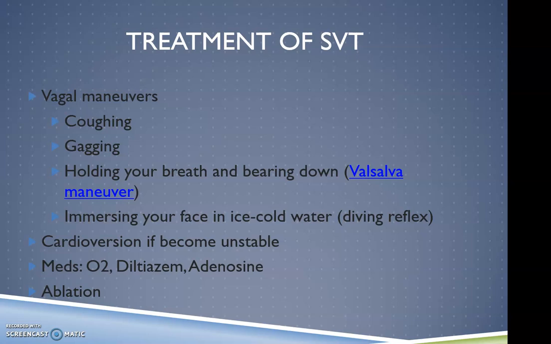Now, if this is a problem that occurs over and over again and cannot be controlled by medications, then the next treatment would be an ablation, where they would stick a catheter in your groin and go up to the irritable cell and either cold ablate it or heat ablate it.